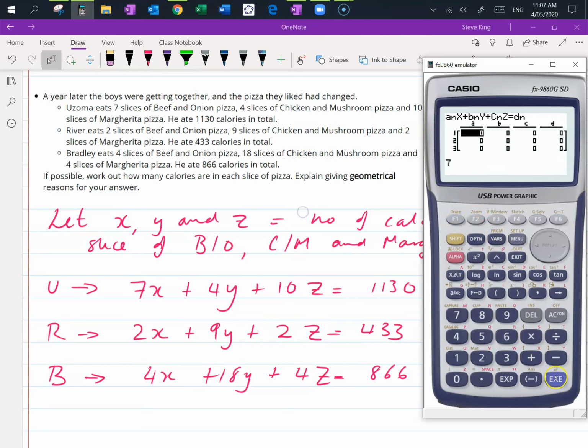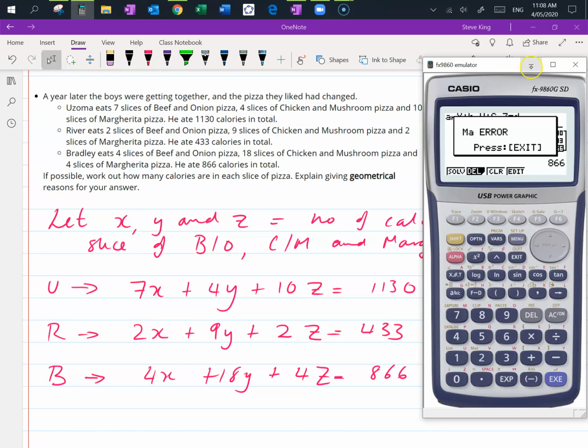We put our values in 7, 4, and 10, 1130, 2x, 9y, 2z, making 433, and finally 4x, 18y, and 4z equaling 866. And we've got all our things entered in there. Now I press F1 to solve it, and we come up with a math error.